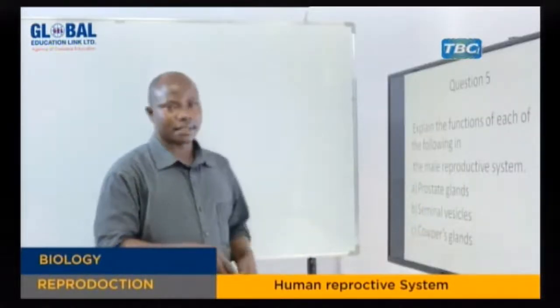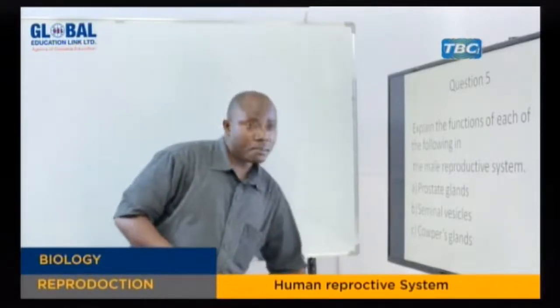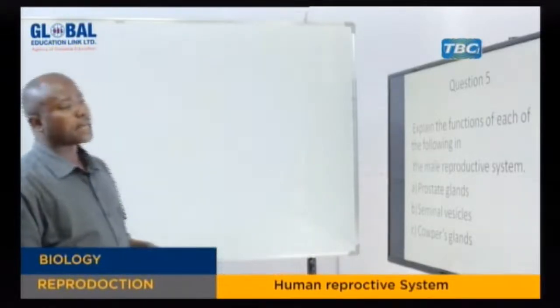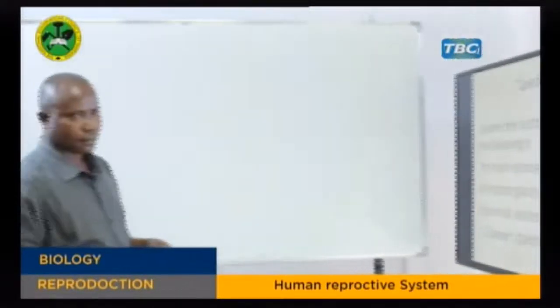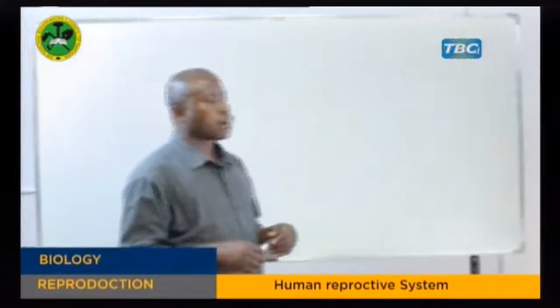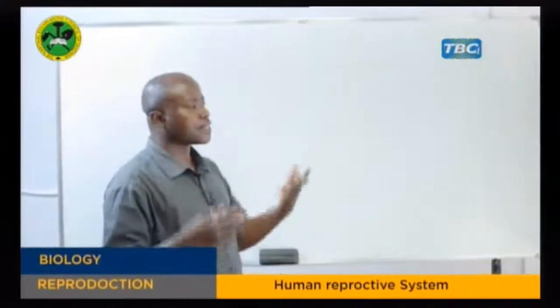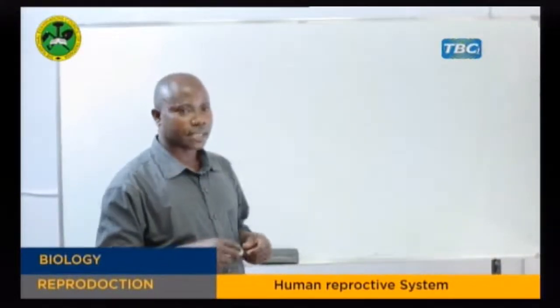C. Cowper's gland. As I've said before, these are male reproductive system accessory glands, and they contribute to the functioning of the male reproductive system.